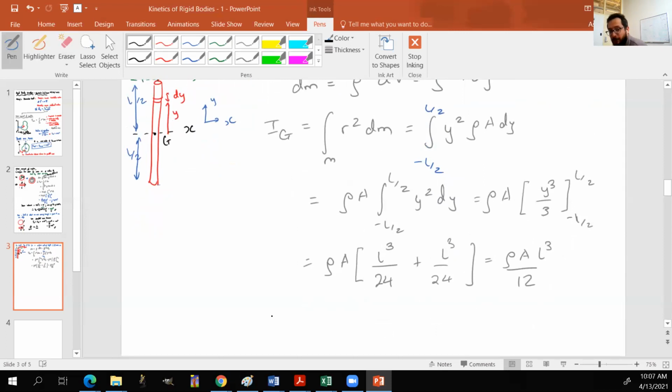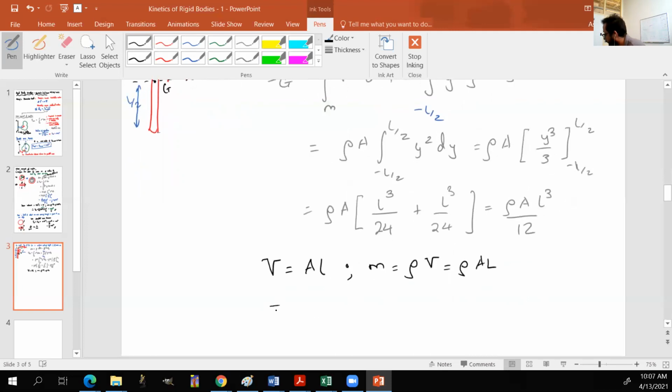Next, we do the same simplification, right? Because we know that the total volume of this rod is just going to equal the cross-sectional area A times the length L. Therefore, the mass is going to equal rho times that, so it's rho times AL.